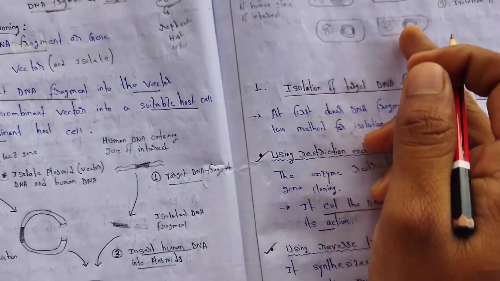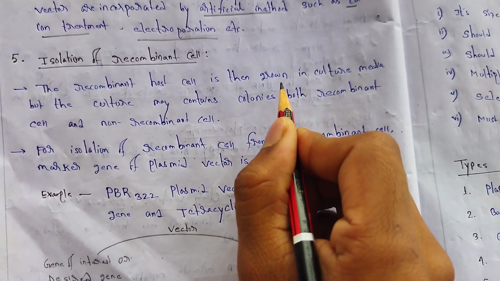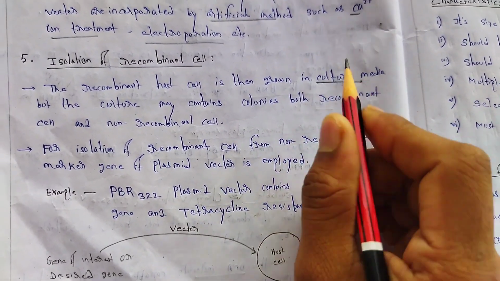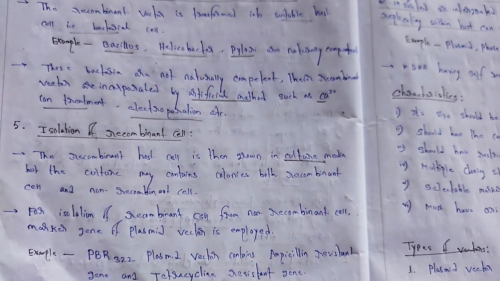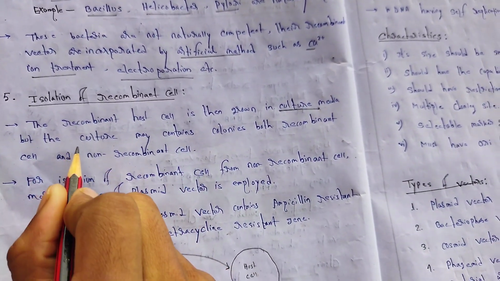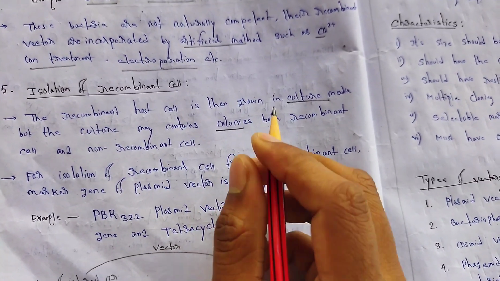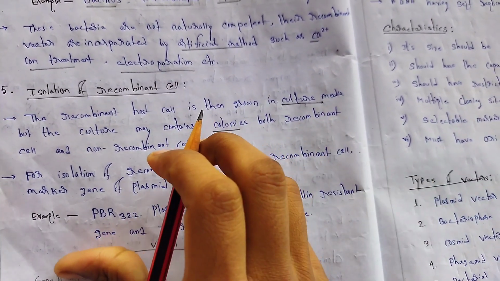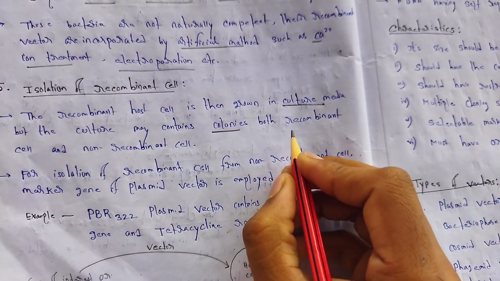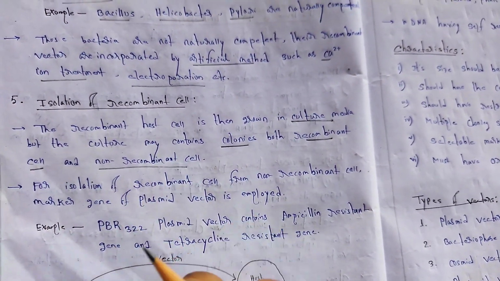We have to isolate the recombinant host cell. The recombinant host cell is grown in culture media, which we use for cloning. But the culture media may contain colonies, both recombinant cells and non-recombinant cells.